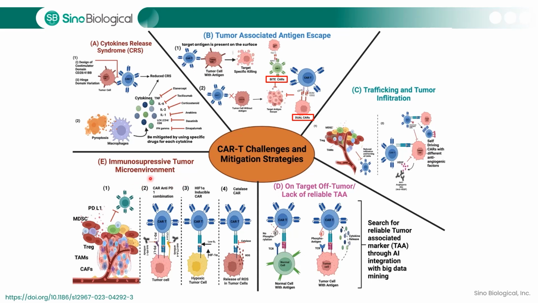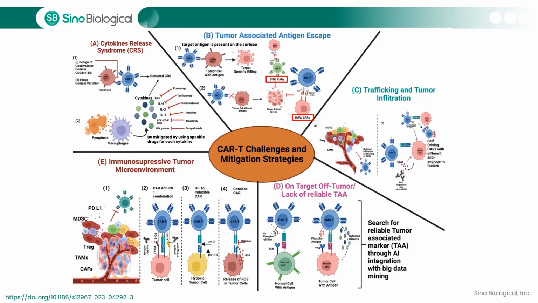The suppressive tumor microenvironment comprises different components, including low oxygen, cancer-associated fibroblasts, high ROS, and other components that diminish the proliferation of the CAR-T cells.